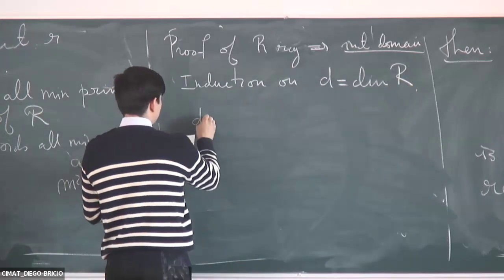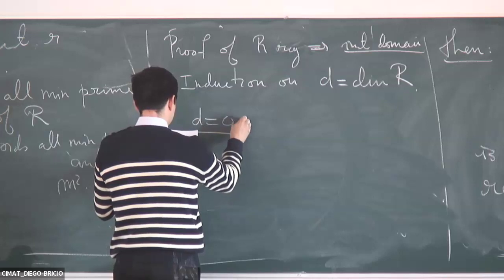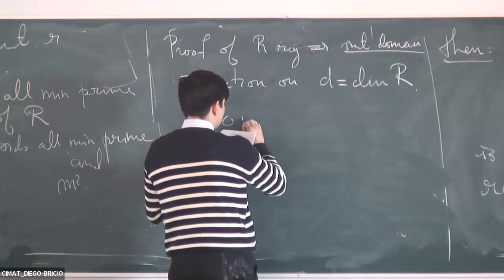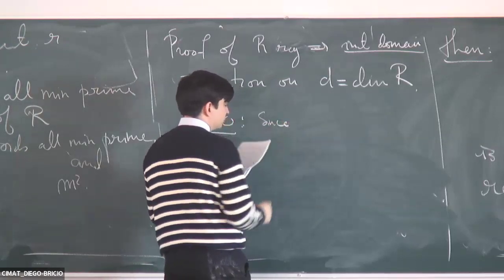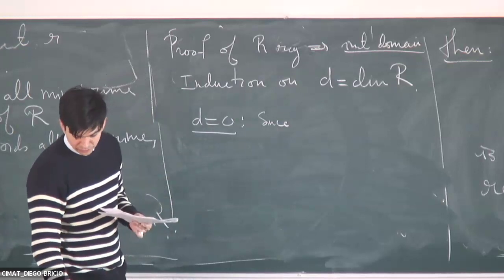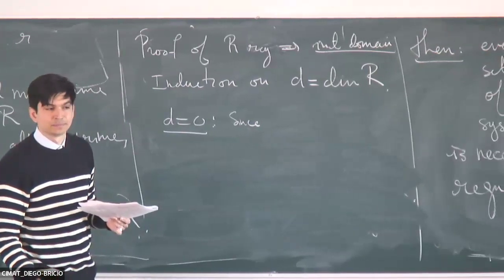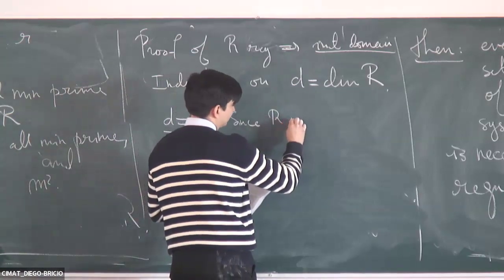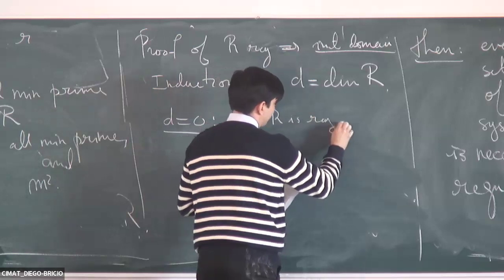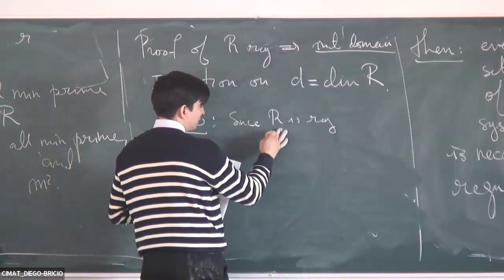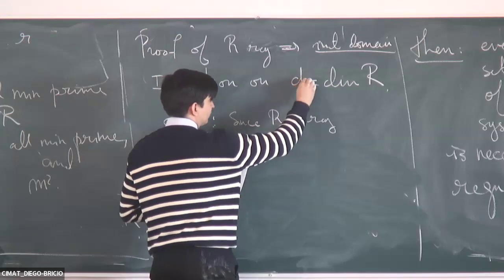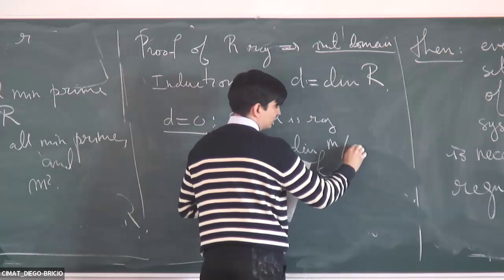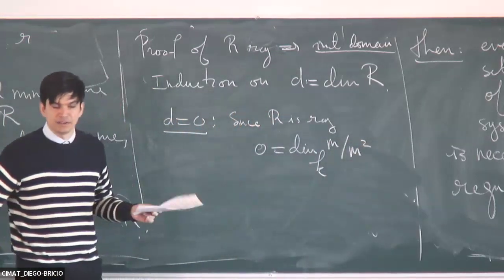Let's do the case d equals 0. I claim that a regular ring of dimension 0 is a field. Because look, since R is regular of dimension 0, by definition you have that the dimension of R, which is 0, equals the dimension of n over n squared. That's the definition.